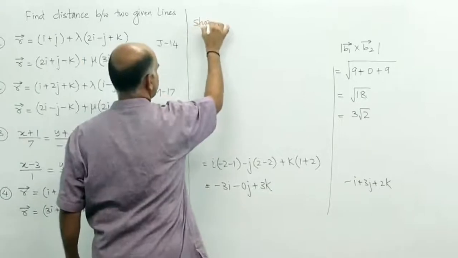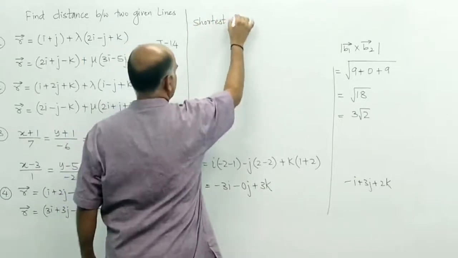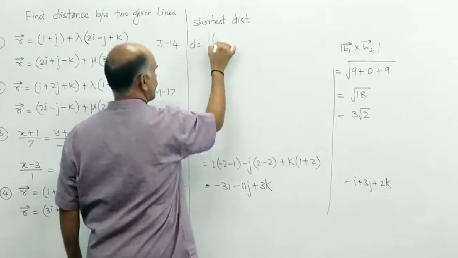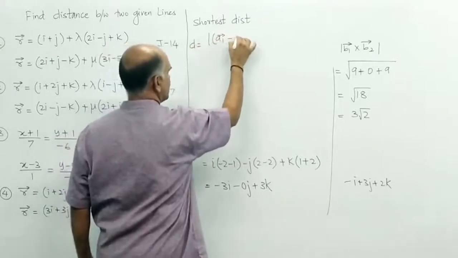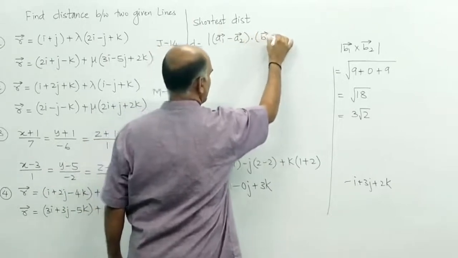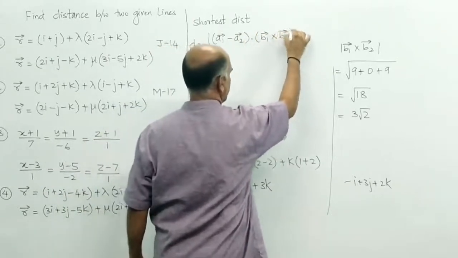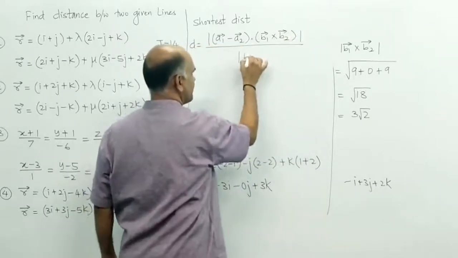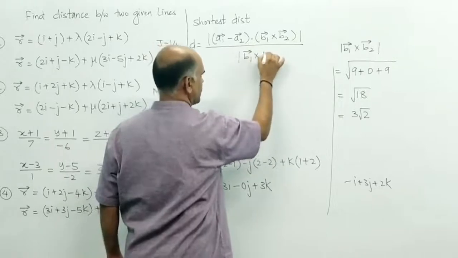So shortest distance d is equal to mod of a1 minus a2 dot b1 cross b2 divided by magnitude of b1 cross b2.